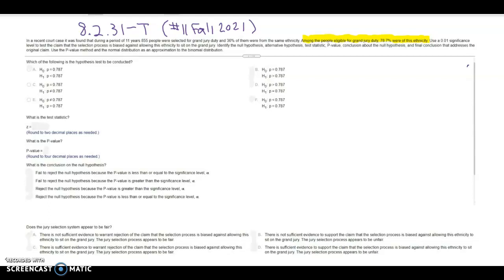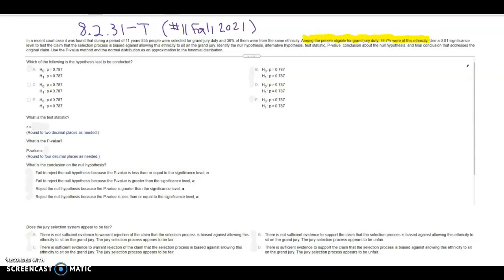Among the people eligible for grand jury duty, 78.7% were of this ethnicity. So while our whole population of people eligible for this grand jury duty has a proportion of 78.7% of this ethnicity, only 36% of those selected were of this ethnicity.